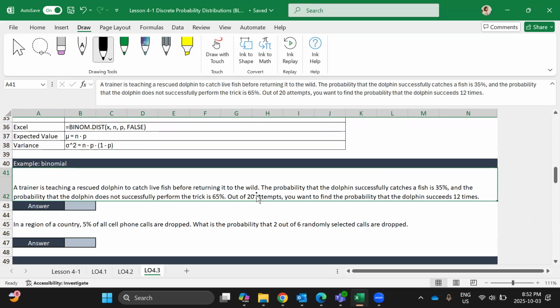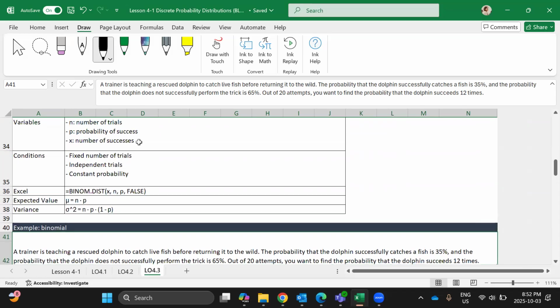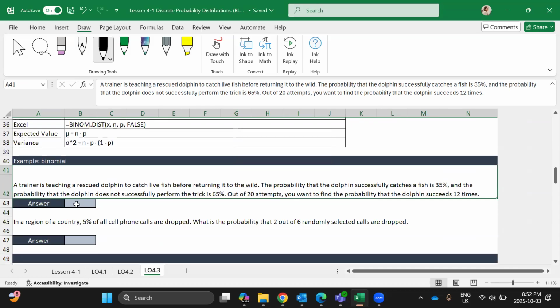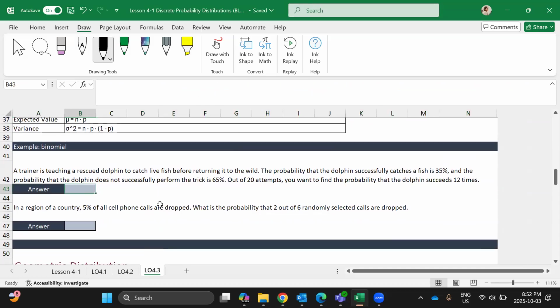That's the number of trials, n. And we want to find the probability to succeed 12 times. That would be x, our number of successes we are concerned with. To calculate that probability, you don't have to look at every single way a dolphin can succeed 12 out of 20 times. So you don't have to go success, success, success, failure, failure, and do all the combinations.